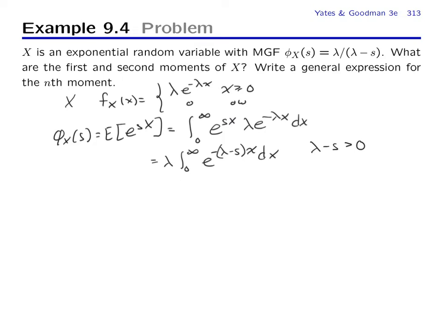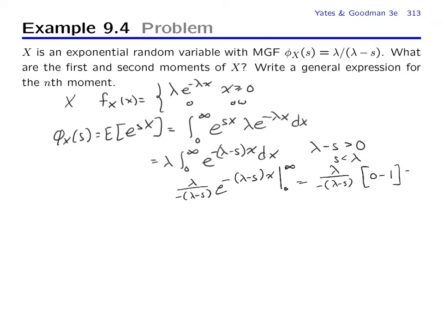In this case, when lambda minus s is greater than 0, or equivalently, s is less than lambda, this integral becomes lambda over minus (lambda minus s) times e^(-(lambda minus s)x) from 0 to infinity, and this is equal to lambda over minus (lambda minus s) times (0 minus 1).